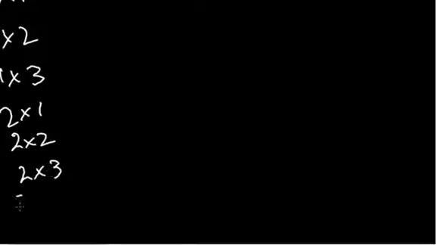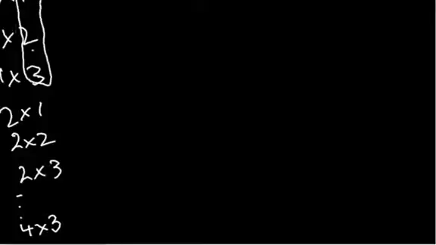Let's say this went up till 4 into 3. So you can see one pattern dominating here. This goes up till 3, and this is going from 1 up till 4.